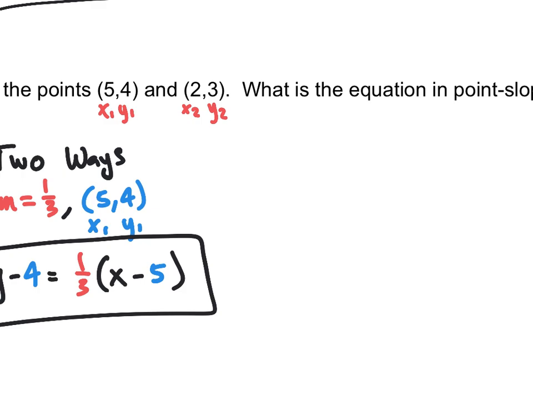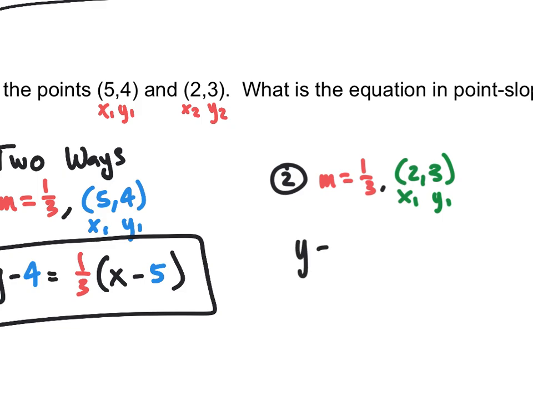Now, the other way that I could do it, the second way, I would still do the same thing where my slope is 1/3, but I would use the point 2, 3. Okay, we'll call this x1 and y1, for the purposes of our formula for point slope form.